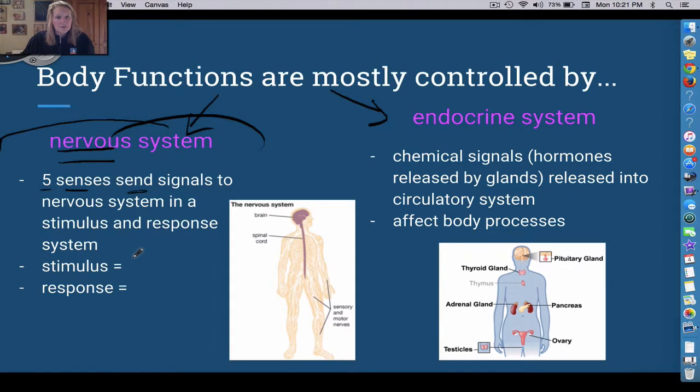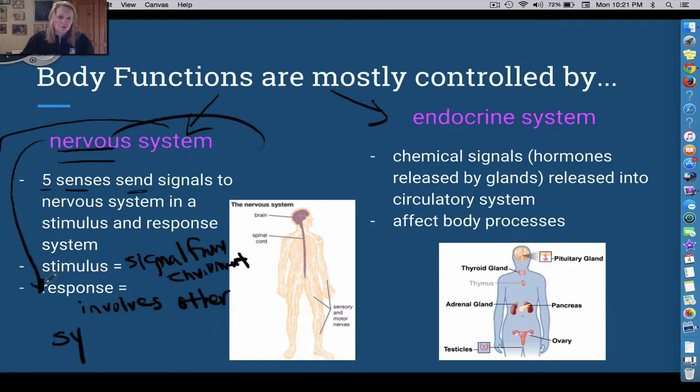So a stimulus is a signal from the environment. And then the response involves other systems. So the nervous system then calls on your musculature system to respond to the lion that's chasing after you, to make you run.